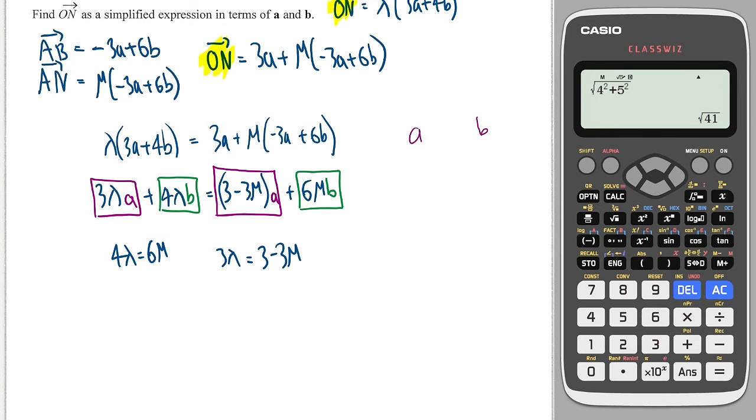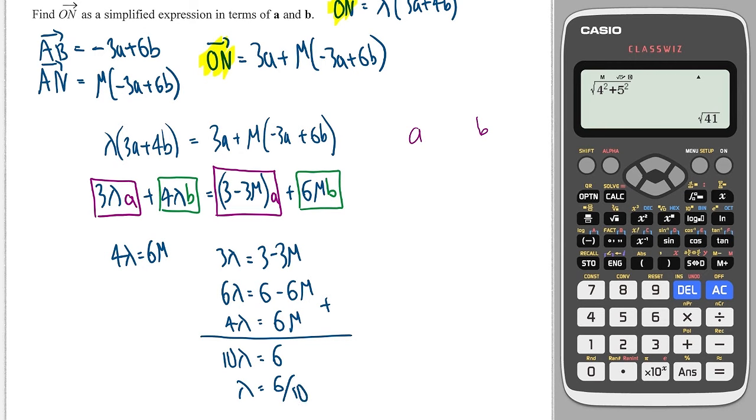So I can multiply this one by 2 to get this, and then I can write this one below it, and I can add them together, and I get 10 lambda is equal to 6. So lambda is equal to 6 over 10, or 3/5.